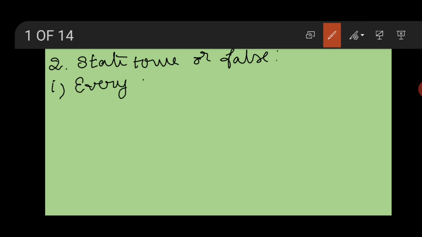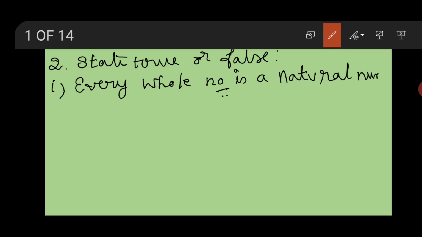Every whole number is a natural number. What is your answer? Is it true or false?